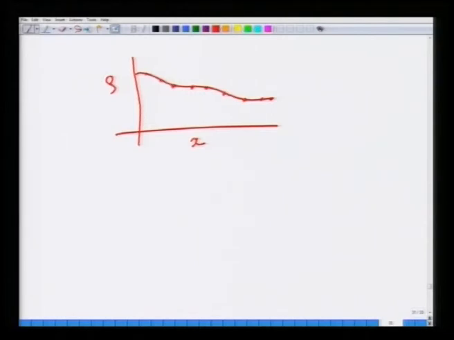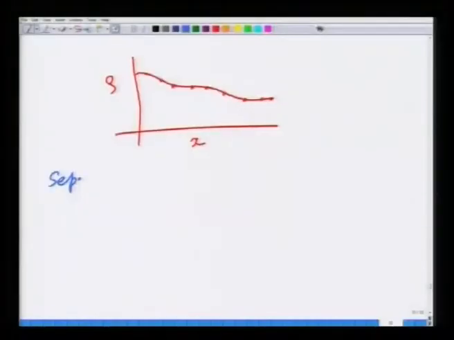So, in order for the continuum description of a quantity to work, you should have a separation of length scales.